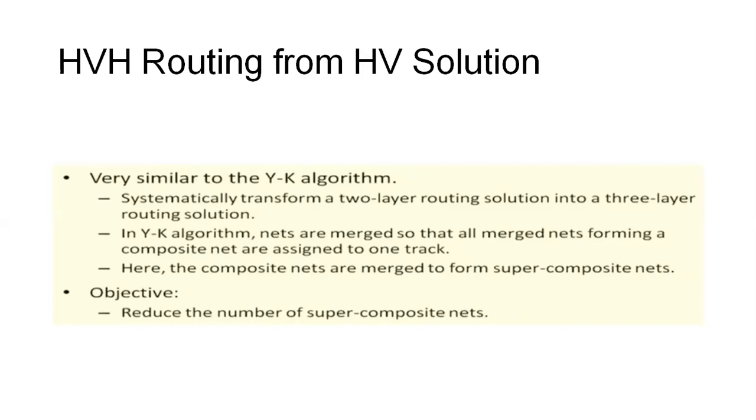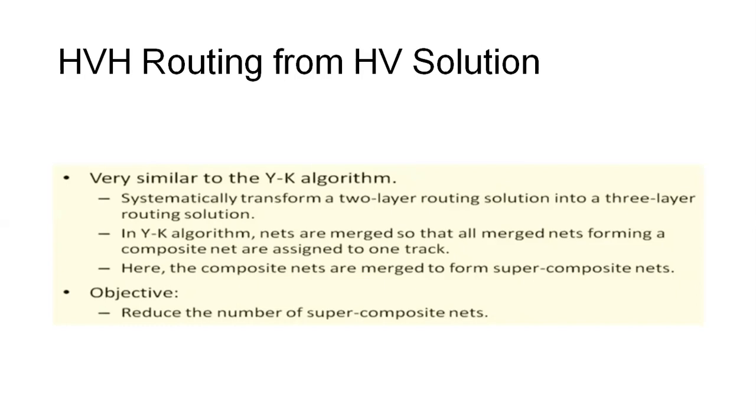Now, suppose I have run Yoshimuraku algorithm like this. I have several composite nets. In the early example that you saw in yesterday's discussion, there were 5 such composite nets. We laid them on 5 tracks. We start with 4, 10, 1, 7, 5, 6, 9, something like that.